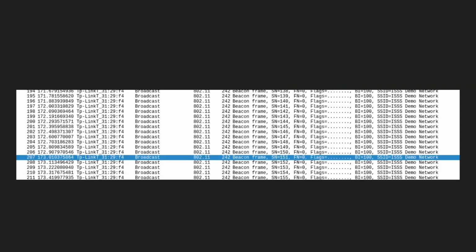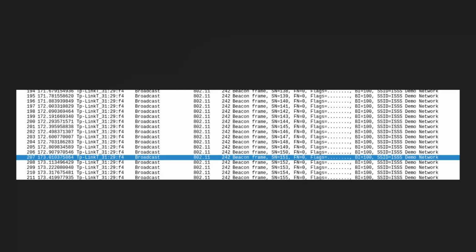But some network cards, you can actually turn that off, and you can capture every single thing that the network card sees on that frequency. It depends on the network card. There's a list on certain Linux forums of Wi-Fi chipsets that'll be able to do that. It's called switching into monitor mode, or sometimes promiscuous mode.